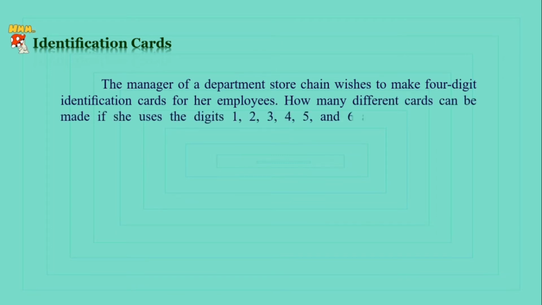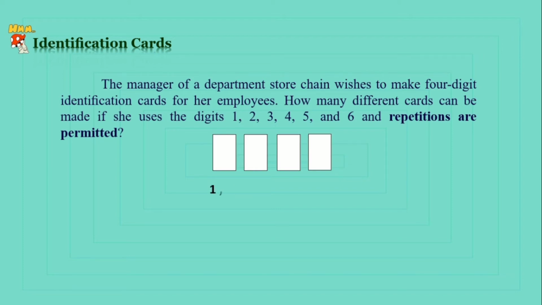Identification cards. The manager of a department store chain wishes to make 4-digit identification cards for her employees. How many different cards can be made if she uses the digits 1, 2, 3, 4, 5, and 6, and repetitions are permitted?